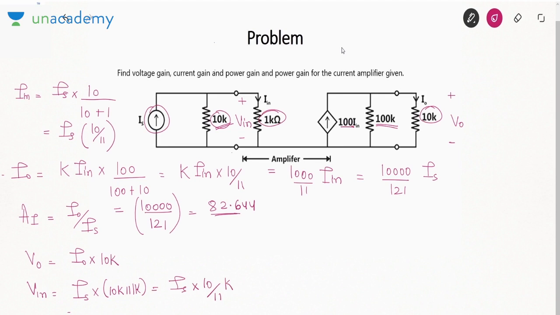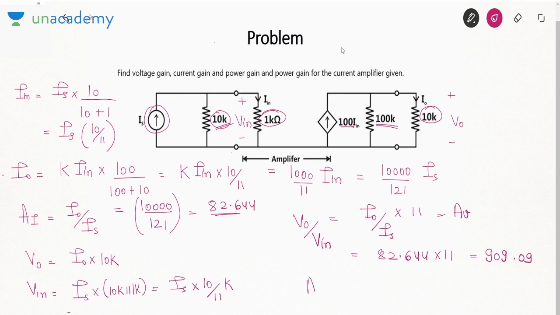Now if you take V naught by V in, it is I naught by Is into 11. So I naught by Is is 82.644 into 11. So what will be the answer? Into 11, if you multiply the current gain, you will get 909.09. This is your voltage gain.